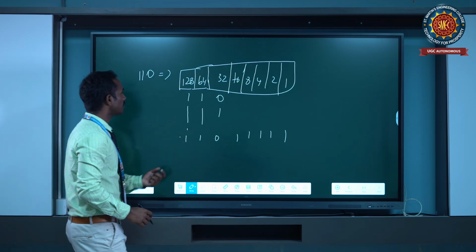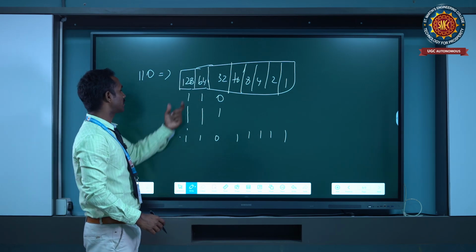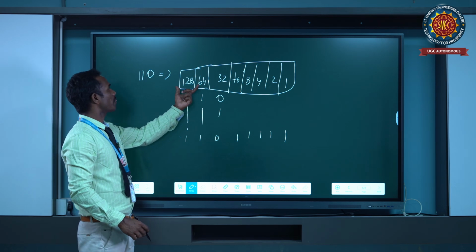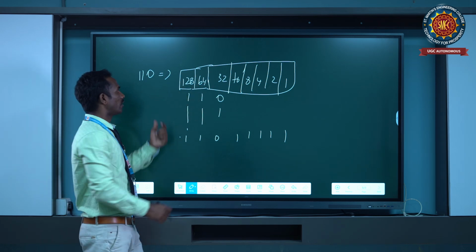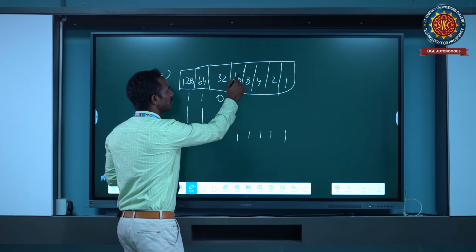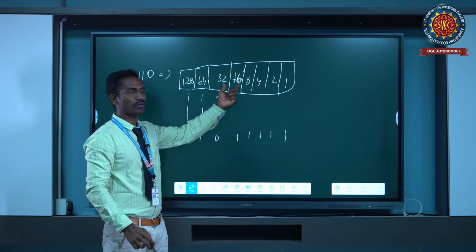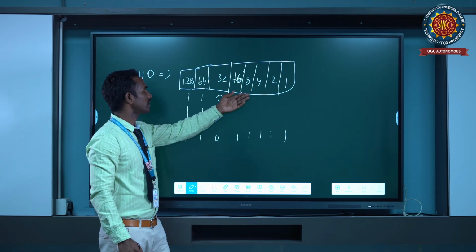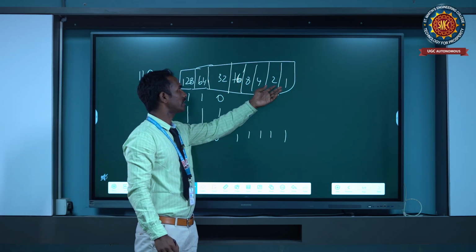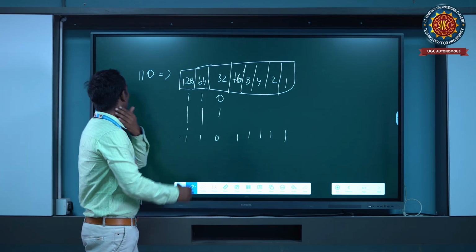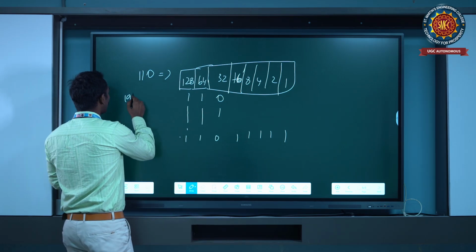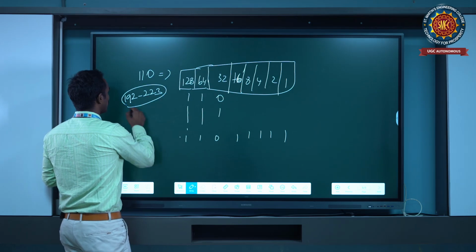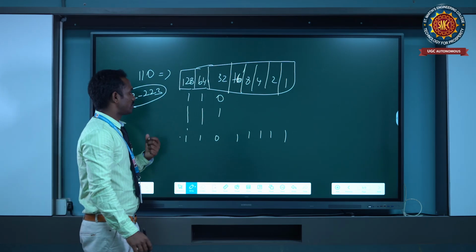So calculate this one. 128 plus 64 is 192, then 224, 240, 248, 252, 254, 255... so that is the 192 to 223. That is the class C range.